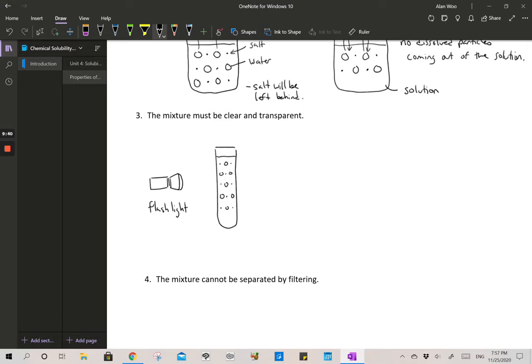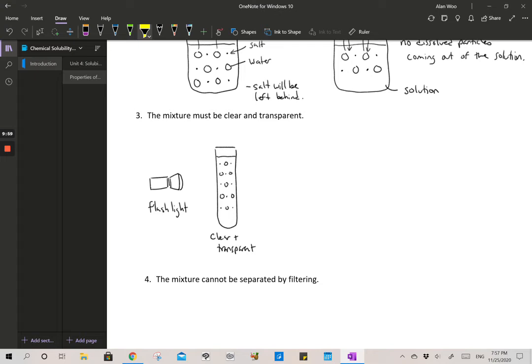So we're zooming in so we can see these molecules, but if this was actually clear and transparent, then what happens is light should be able to pass through.